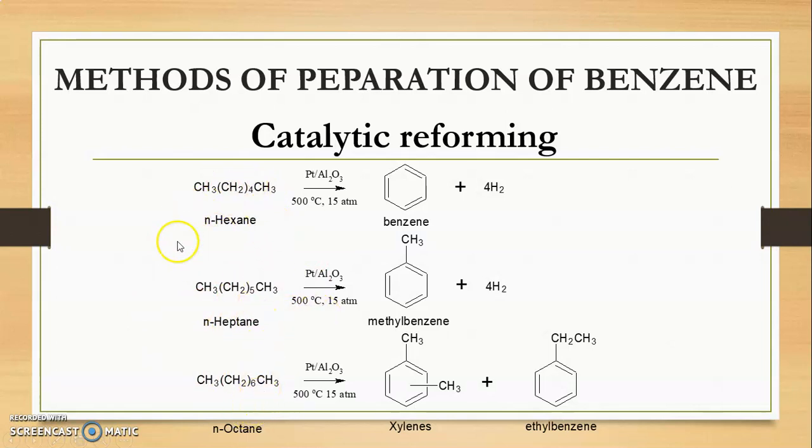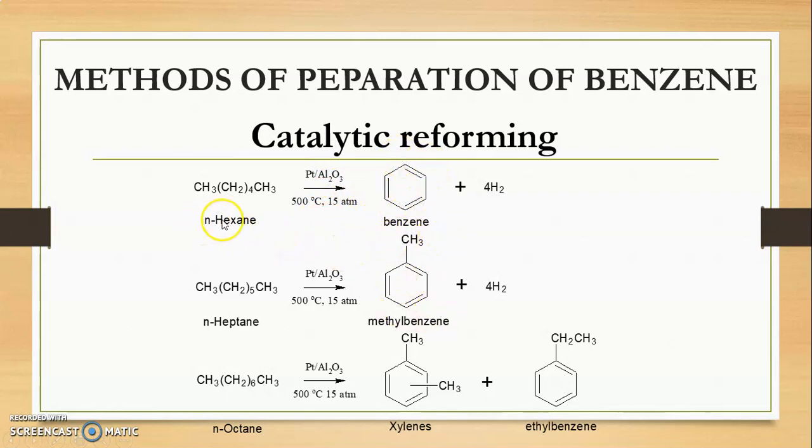When this fraction is collected and blended with hydrogen, and with the help of a catalyst like platinum or rhenium chloride is heated at 500 to 520 degrees Celsius and 5 to 50 atmospheric pressure, it is converted into the corresponding cyclic hydrocarbons.